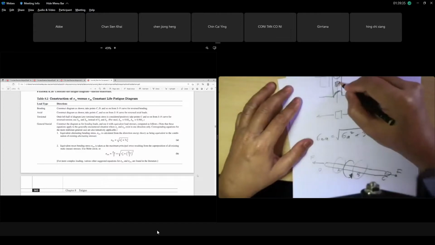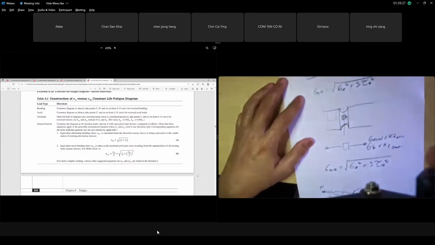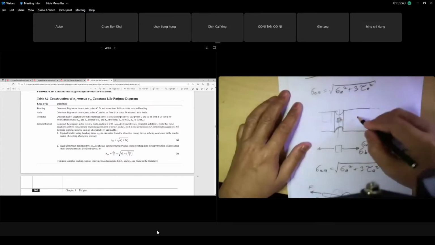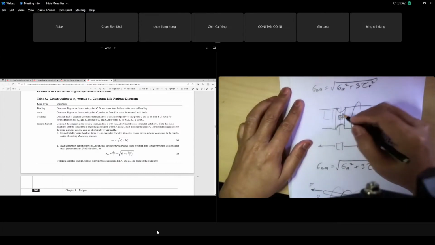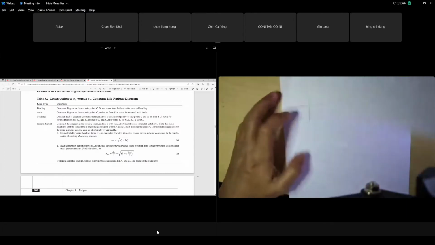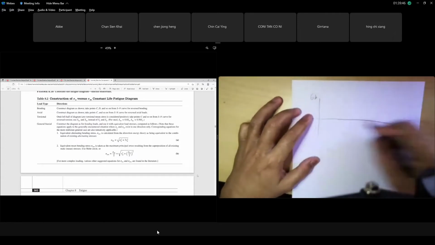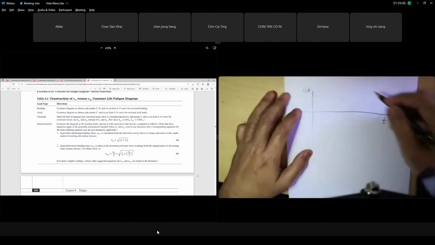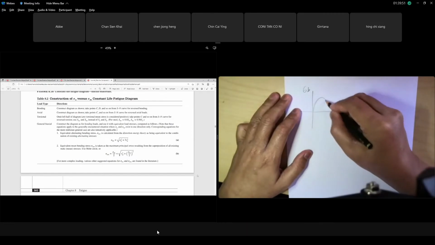Let's say element here. Can you see my video? Element here, the shaft is rotating. Element in terms of bending stress, how is the stress distribution with time? How do we plot it? It is completely reversed. Betul tak, kelas?